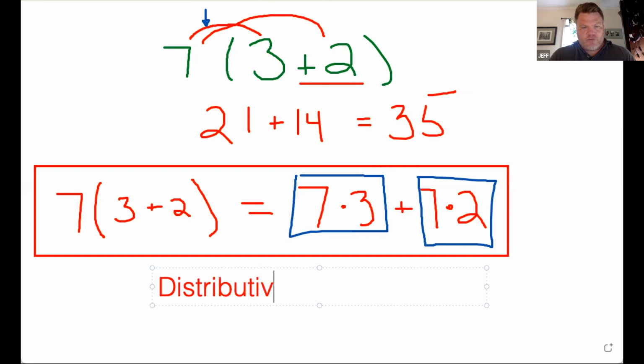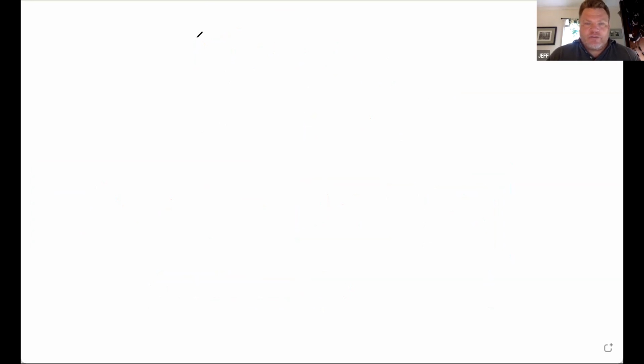Distributive property. So that's that. Now here comes the tough part. Made your eyes roll. Why we need to know this is because there are sometimes where we cannot add or subtract what's going on inside the parentheses.